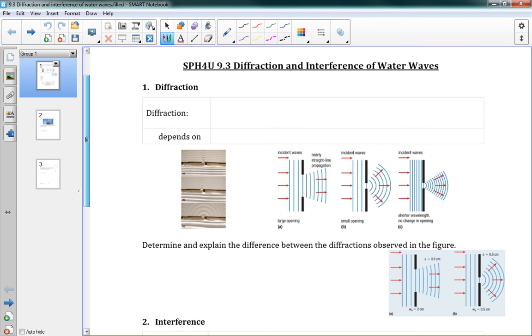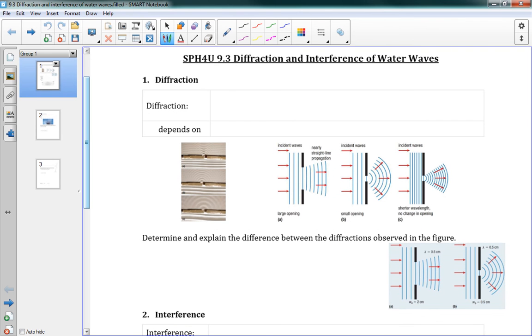So, the first idea we're talking about is diffraction. Diffraction is when a wave bends and spreads after passing through an opening.